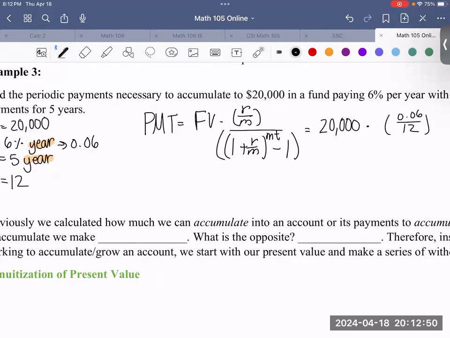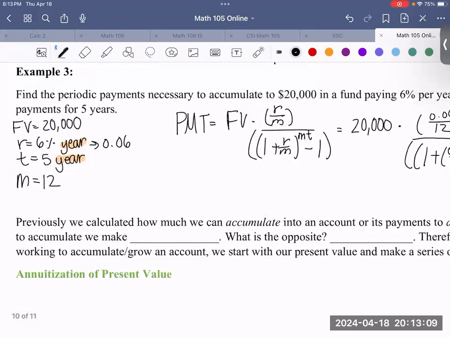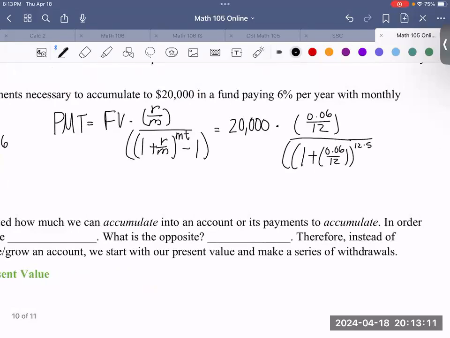I would put this in parentheses, divided by, open up 2 parentheses here, 1 plus, again, that same division, close those parentheses, raise to the 12 times 5, I believe. And then minus 1, close parentheses.